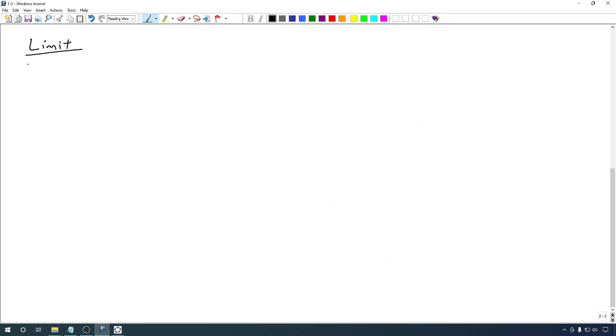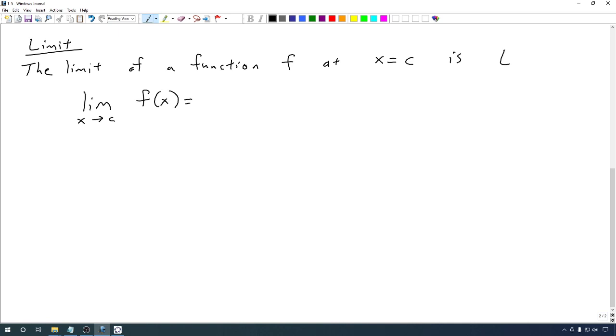The limit of a function, say function f, at a point x equals c is L. This is written in the format lim with the x going to c below it, then f of x equals L. That's the notation we have for this.